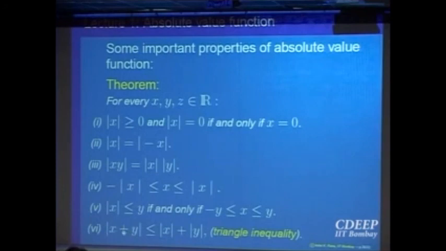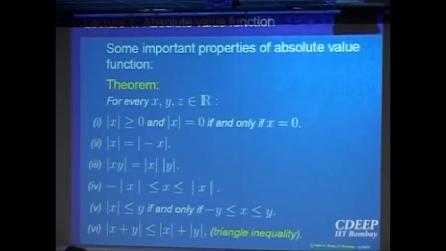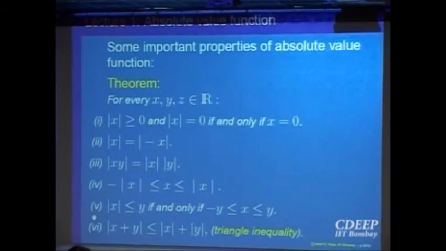But this, 6, is an immediate consequence of 5. Because what do you want to do? You want to show that mod of the number x plus y, you can call it some number, is less than some other number. See, now you can see that 5 can be used in proving 6.